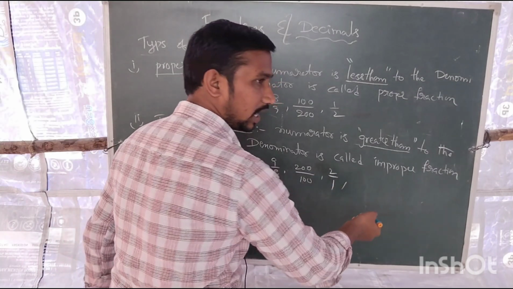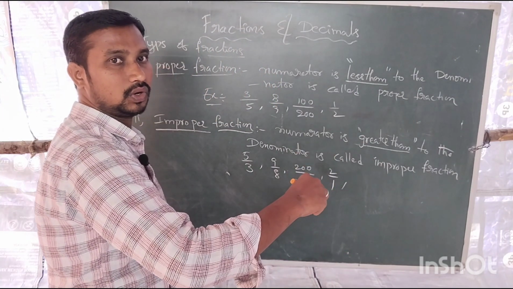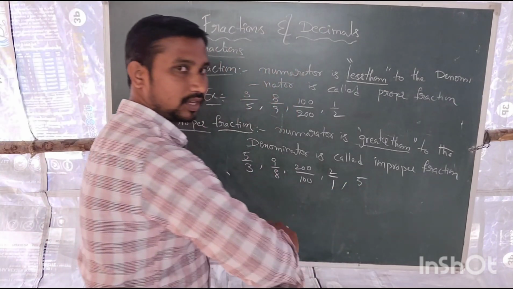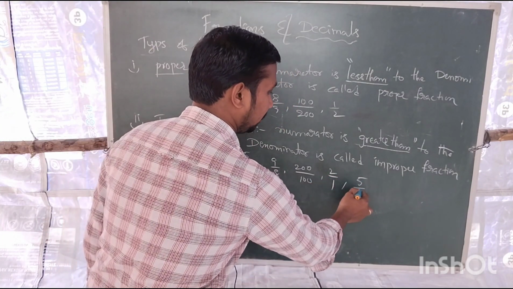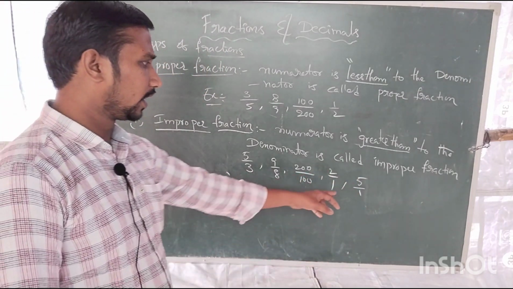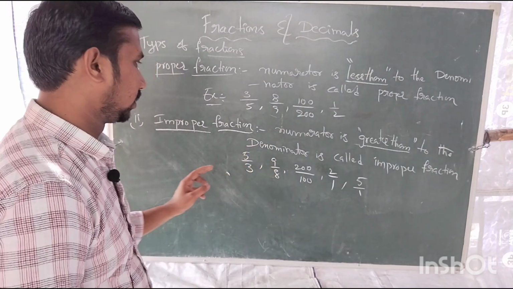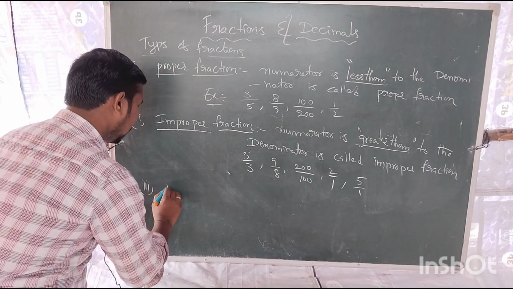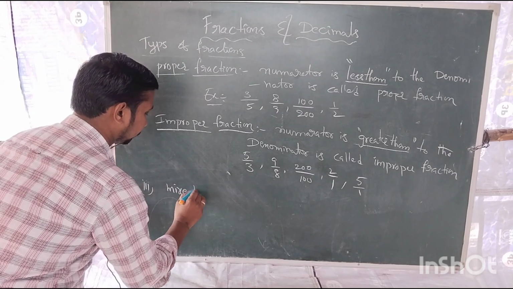Whole numbers we already discussed in the previous video, the integers chapter. So for example, 5 can be written as 5 by 1. It is also an improper fraction. A whole number is also an improper fraction, children. Next one is mixed fraction. Third one is mixed fraction.